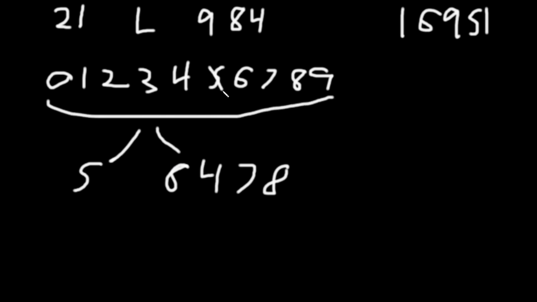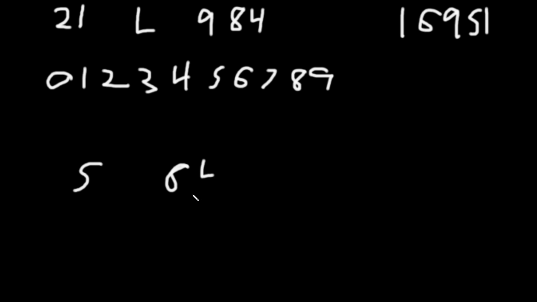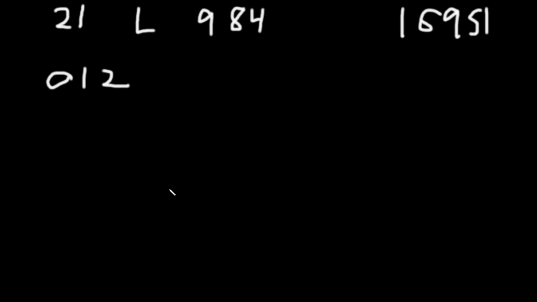So not 5, 8, 4, or 7. If you were to do that one, you would get 1, 2, 3, 4, 5, 6. You'd get 6, since there are 6 digits not within 5 or 8, 4, 7, 8.